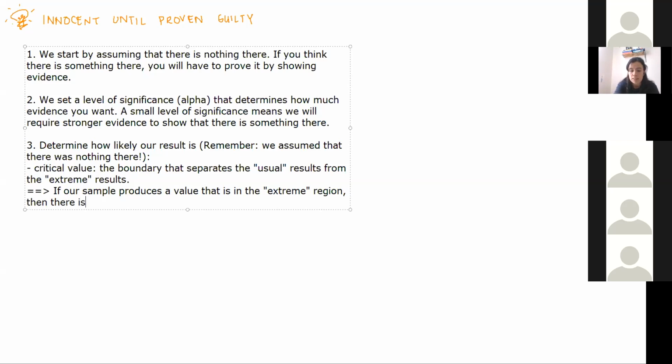There is probably something there. We say that we reject the idea that there's nothing there. So that means we're contradicting that there's nothing there.